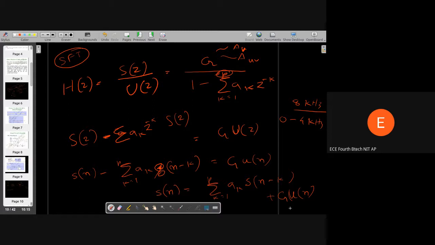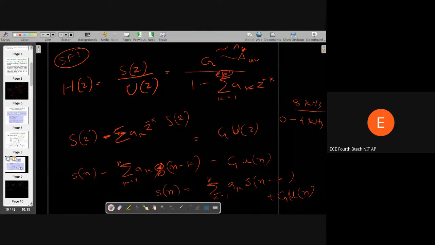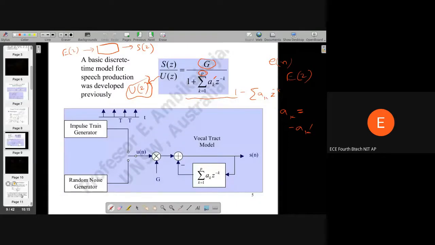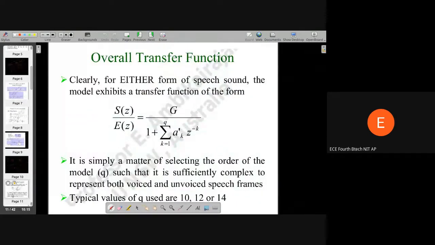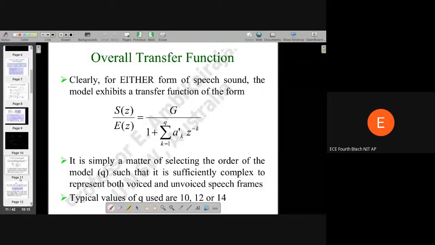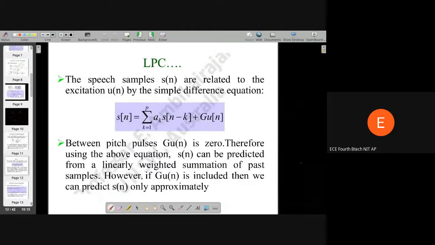So look at this equation. This is the equation we wrote. S of n, if you think there are p poles in your system transfer function, that p comes here.